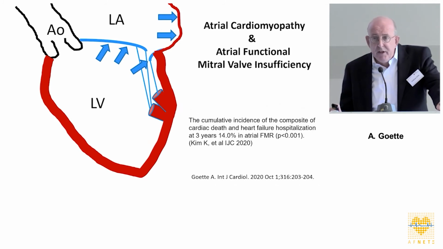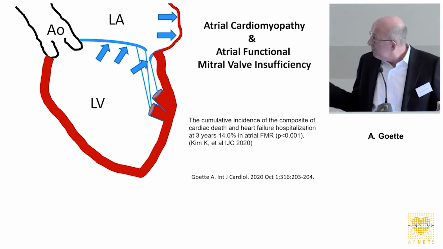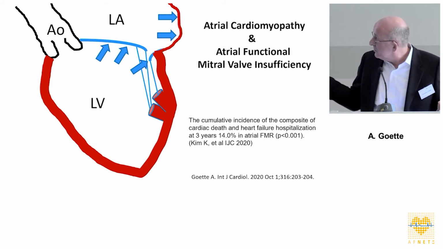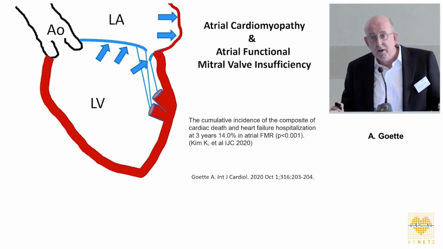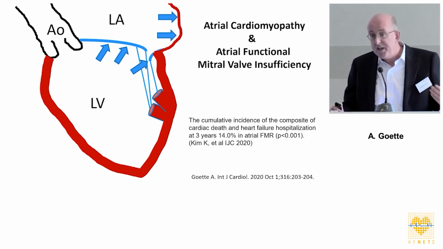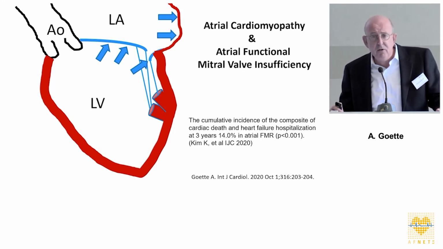Interestingly, there are many data that restoration of sinus rhythm and getting rid of this tethering of especially the posterior part of the mitral valve reduces MI and reduces mortality in these patients. So there are many other aspects than just sinus rhythm that atrial fibrillation and atrial cardiomyopathy may have a substantial impact on.